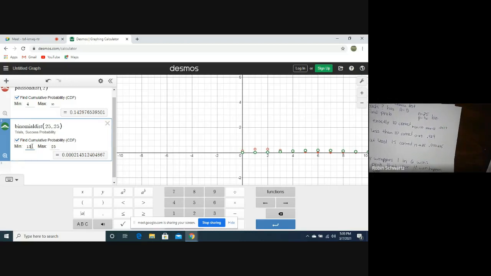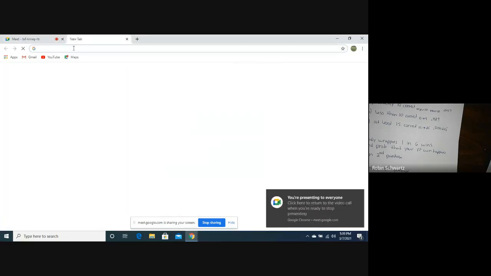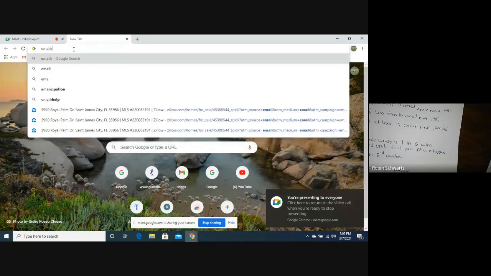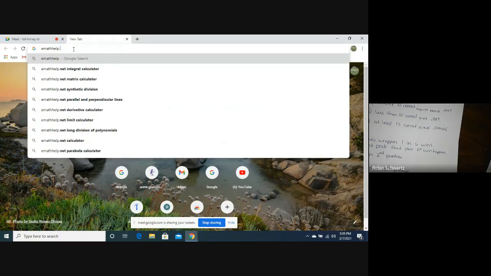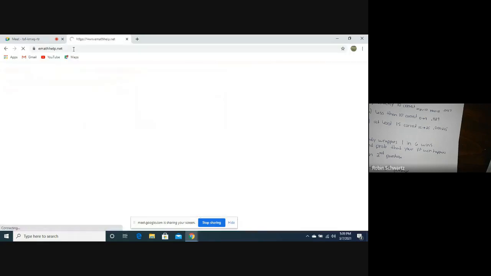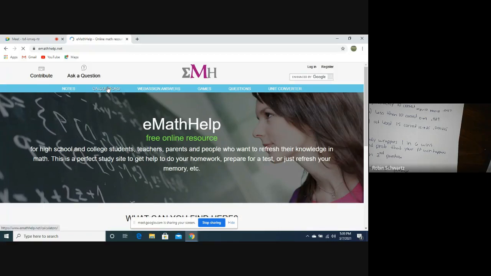All right, now the geometric, like I said, is on that web page. You have to go to, I'm going to get rid of this one. Leave that. Open up another tab. emathhelp.net. Calculators along this top row.